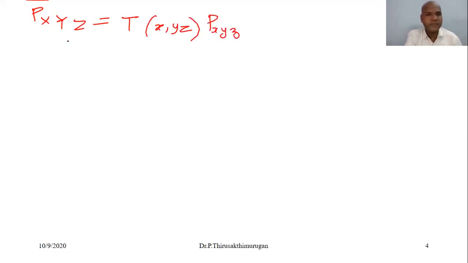The capital P x y z is the representation of a point of the robo in the world coordinate. Small p x y z is a point represented in the body frame.